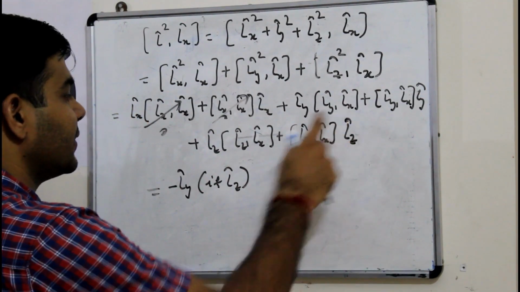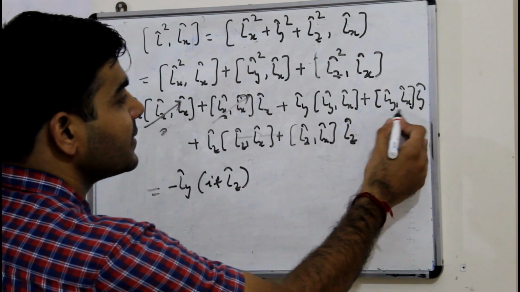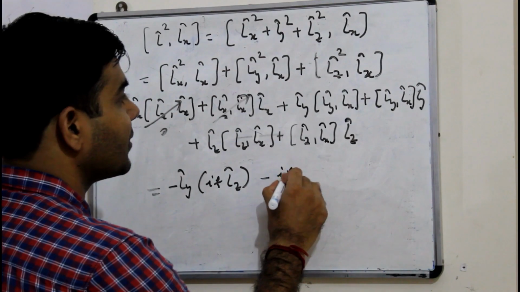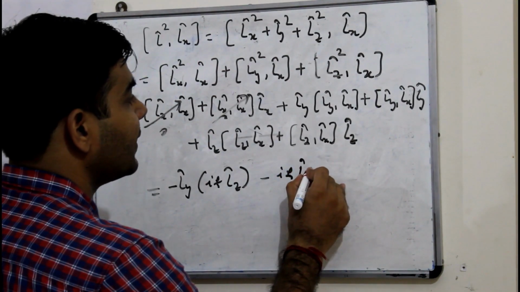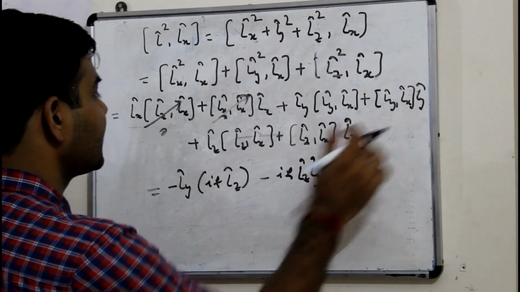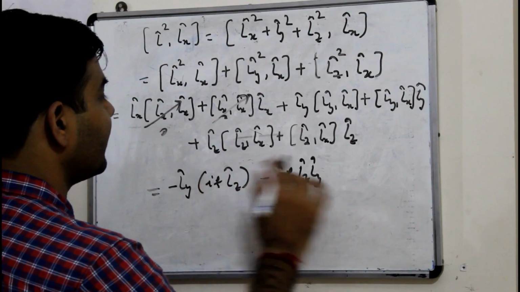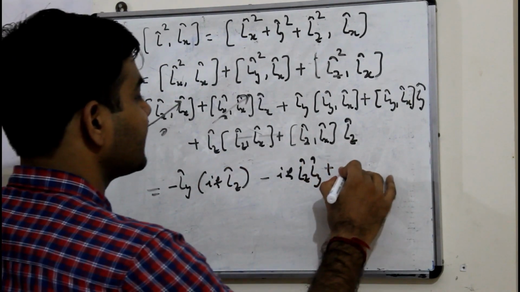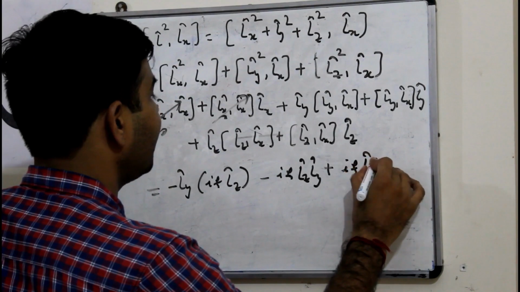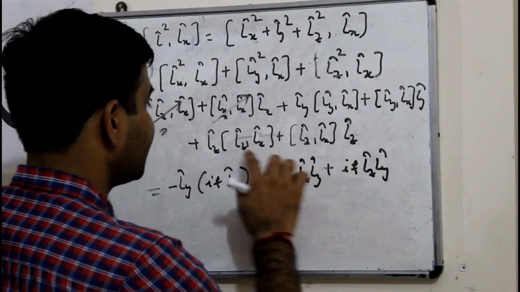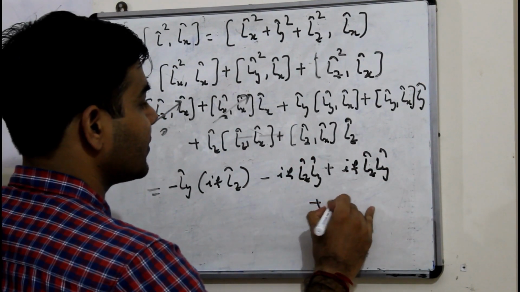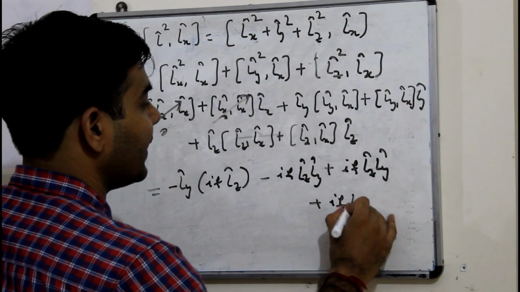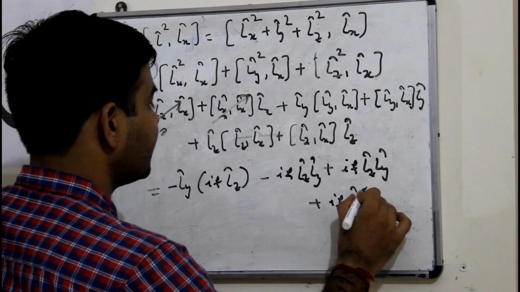So it's a reverse order, so put a minus here. Similarly here, minus iħ L_z hat L_y hat from this, and similarly from here we see this is iħ L_z hat L_y hat, and this is iħ L_y hat L_z hat.